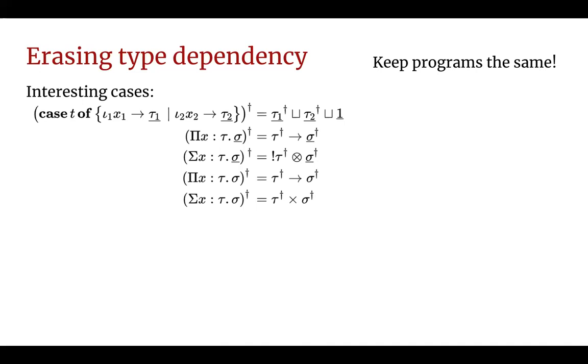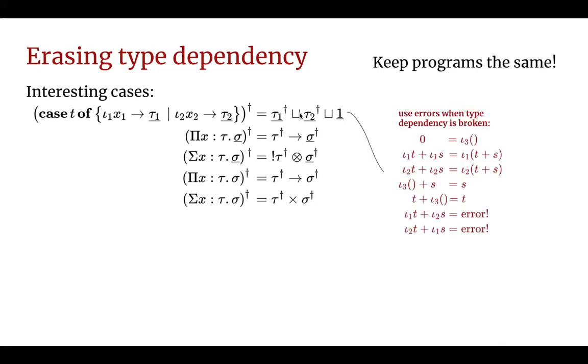But we can also just erase these dependent types, erase all the type dependency, and keep the programs the same, and run them in a less type safe way. One way of doing that is translating these case distinctions on types that we get from coproducts into an ordinary coproduct. We keep all the programs the same, and whenever the type dependency is broken, we just throw some runtime errors.